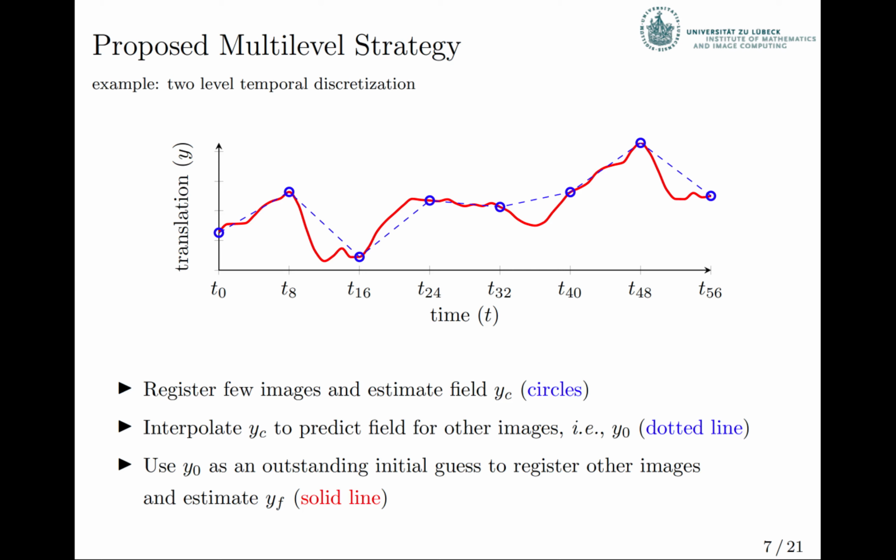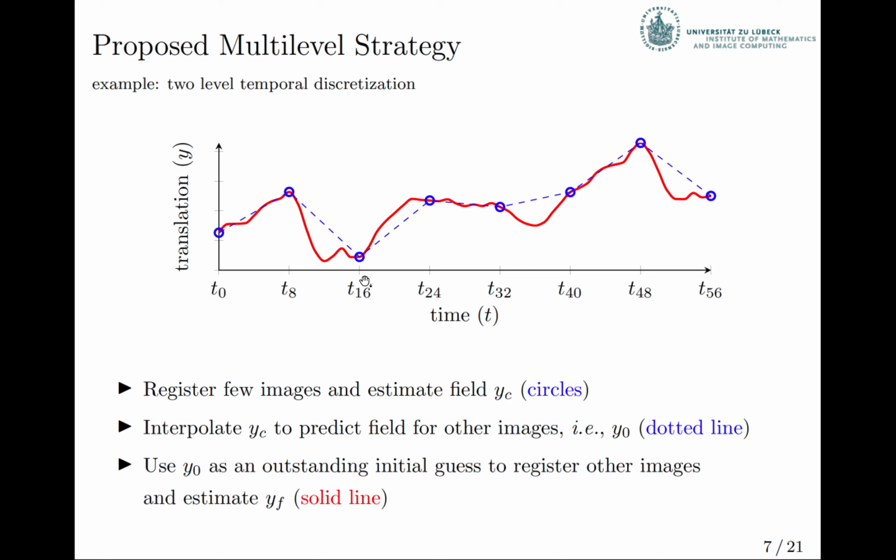Instead of doing the registration of all the images at once, we start with the registration of 8 images. We register 8 images and estimate the deformation field for these 8 images, and from that we get the deformation field that is represented by the blue circles here.